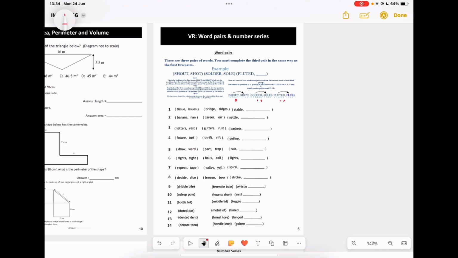So now we're looking at tissue and issues. So the first thing we're going to look at is what has changed.